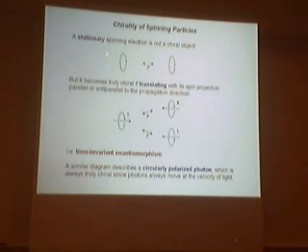First of all, consider a stationary spinning electron. Under parity, it's still spinning in the same sense. They're the same system. They're not distinguishable. Okay, but a spinning electron becomes truly chiral if it's translating with its spin projection parallel or anti-parallel to the propagation direction.